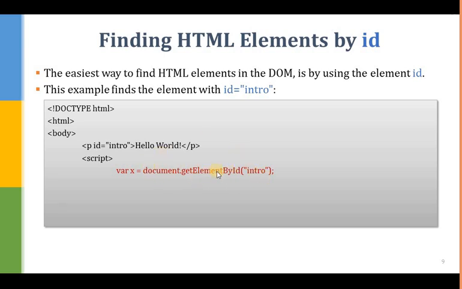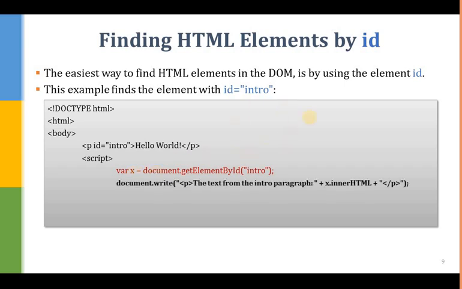Whenever I call this method it will return me an HTML element whose ID is intro. So if it is returning something, then I must have something that holds whatever it returns. Therefore I have created one variable x, which just stores whatever this method returns.